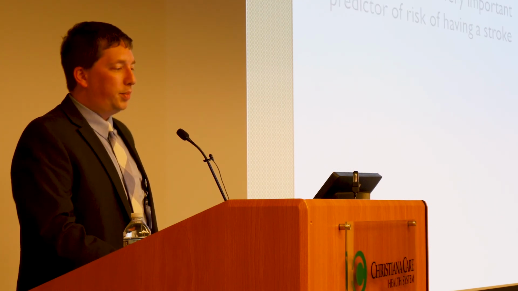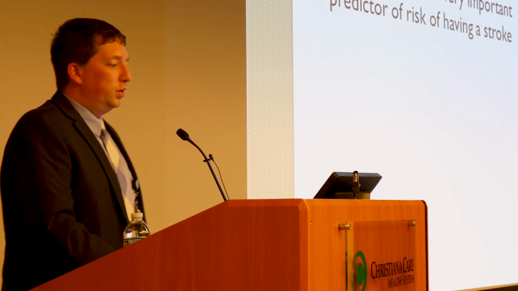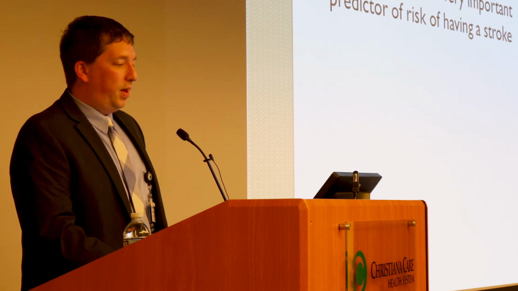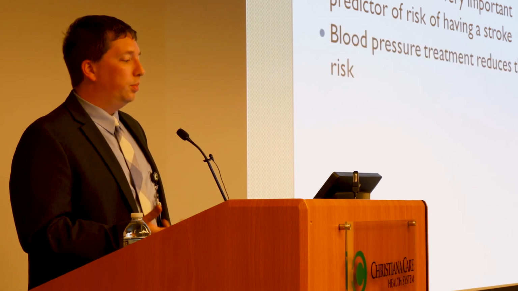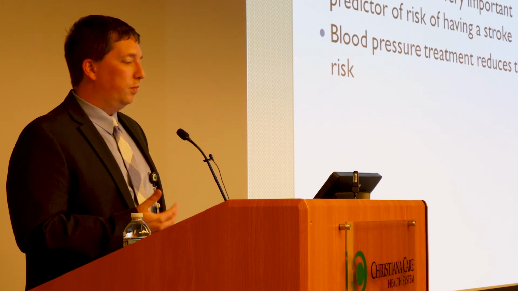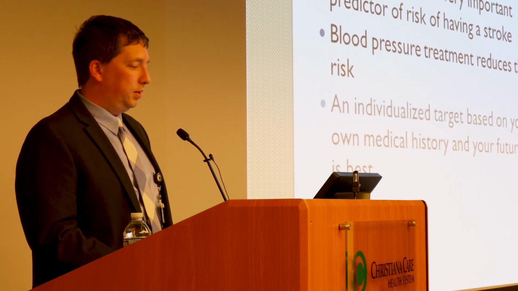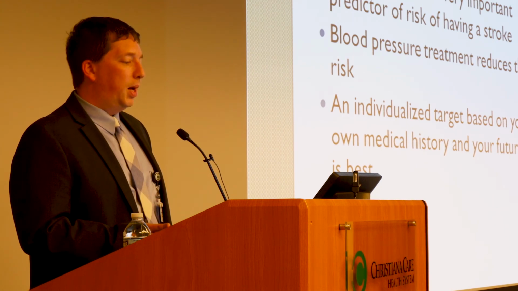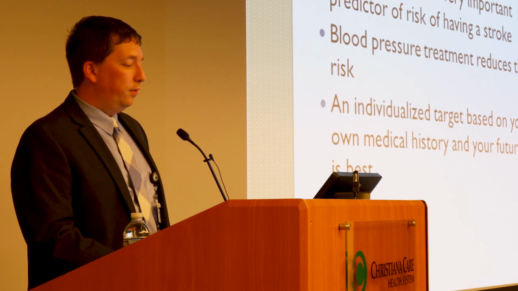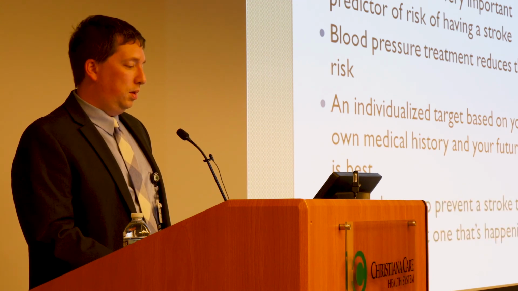So to summarize my points, blood pressure is a very important predictor of our risk of having a stroke, but very fortunately, it's a treatable predictor of risk, and so we're able to reduce this risk. I think it's always important to have an individualized target in mind based on your own medical history and your future risk.